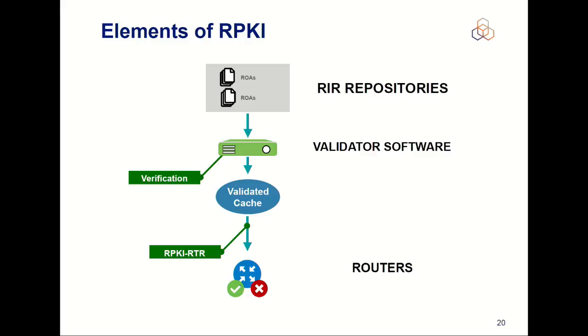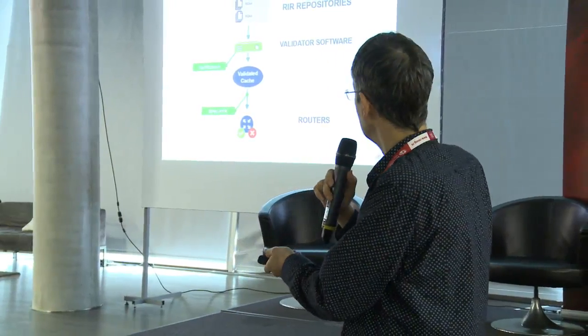It has checked it. And after that, you can see the protocol is RPKI-RTR. That's the protocol between the validator and your router. And most platforms, most routers actually have this already built in, so they understand this. And then the routers can make whichever decision based on that.